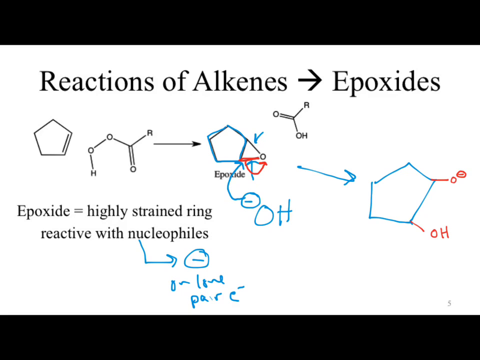What's the relationship between those two oxygens? Is this a chiral center right here? How about this one? What does that mean we need to specify in our product? Wedges and dashes. What's the relationship between those two?